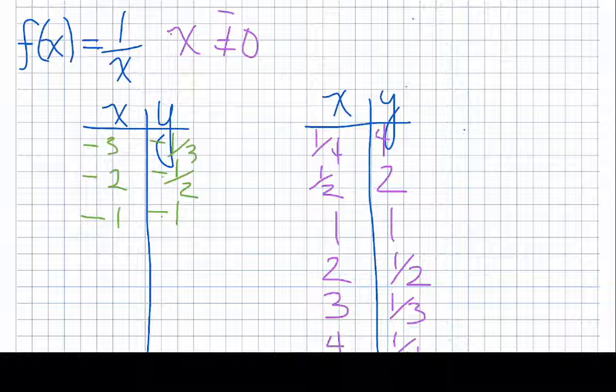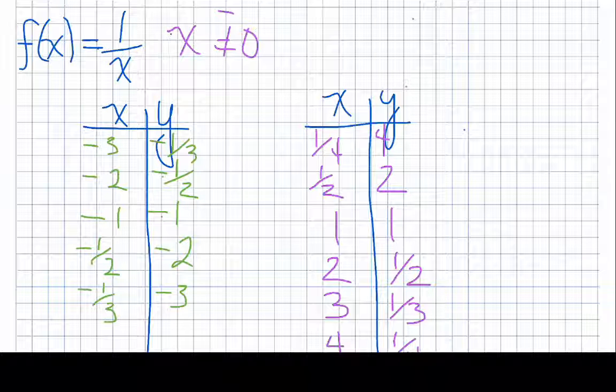So the larger the absolute value of x is, the smaller the absolute value of y is. If I did -1/2, then y would be -2. If I did -1/3, y would be -3, and so on. So we're going to see the exact same pattern we saw with the positives, only obviously now with negatives.